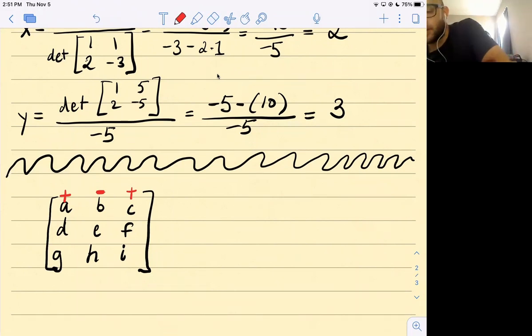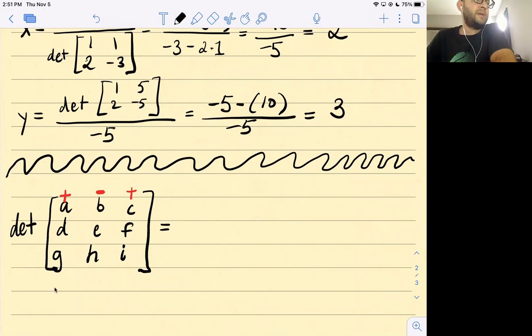Okay, so how do we find the determinant of this guy? So this formula is the following. Have you guys played, just a show of hands, a little bit of Candy Crush or Bejeweled?